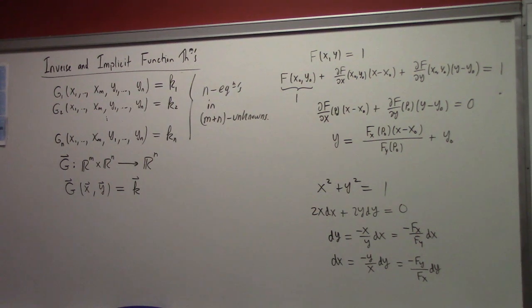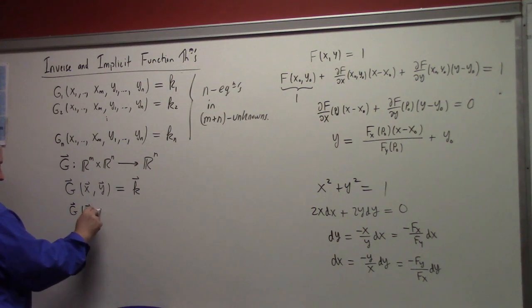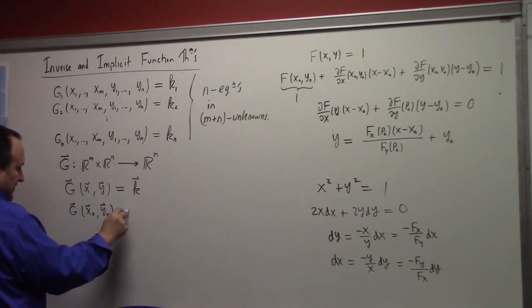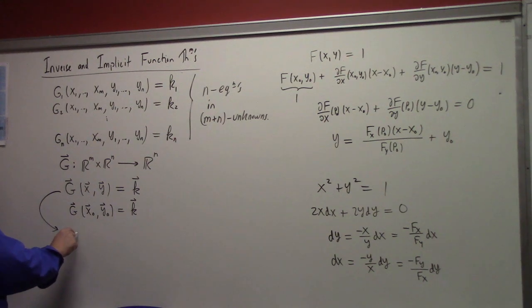Now, let me show you the really slick way of doing it notationally. If we have g of x naught, y naught equals k, then if we look at the linearization of this equation near that point, what's it look like? Well, in vector notation it would be something like this.